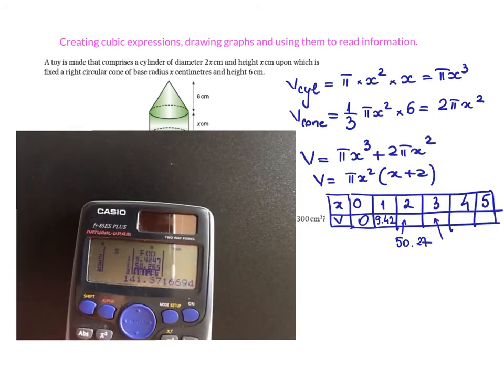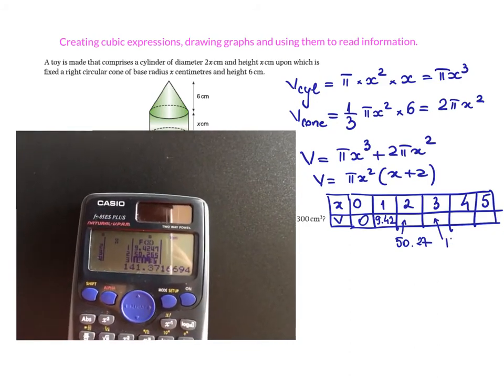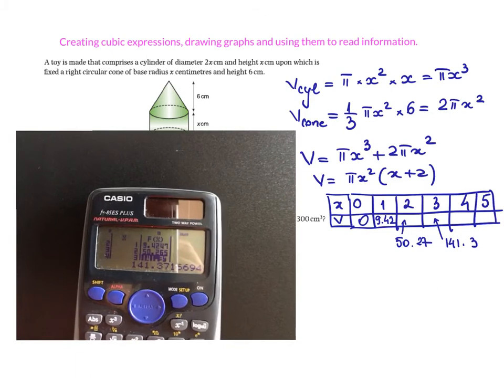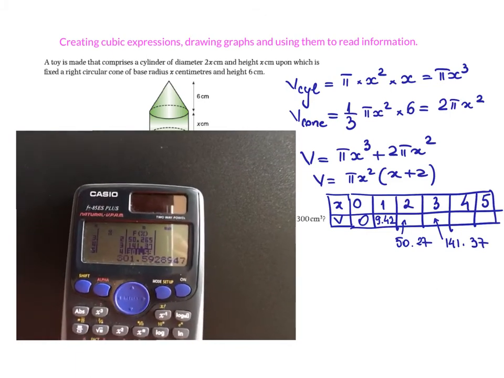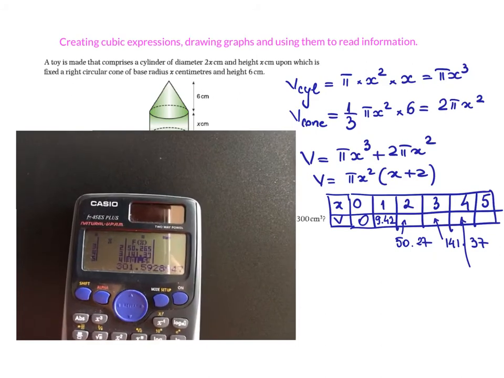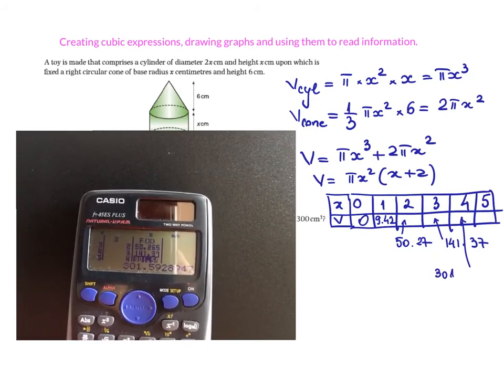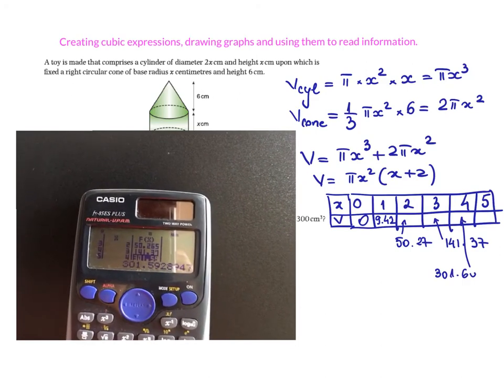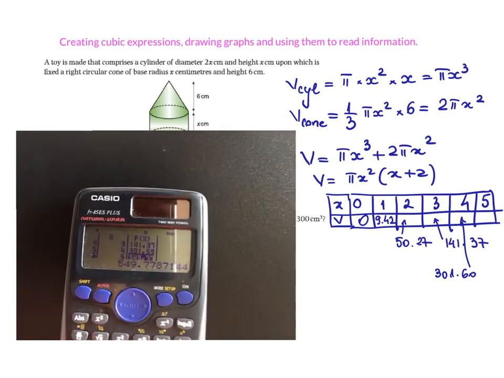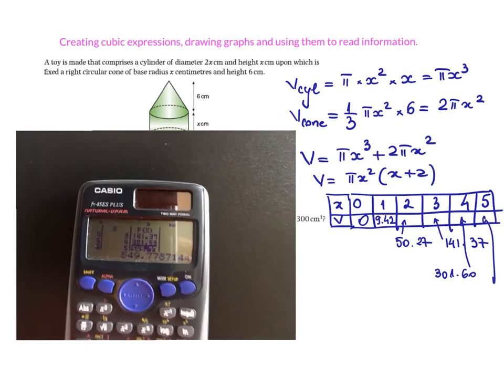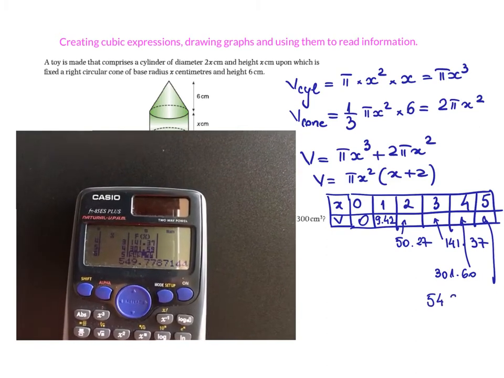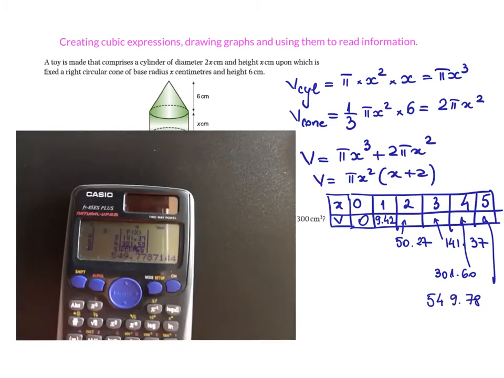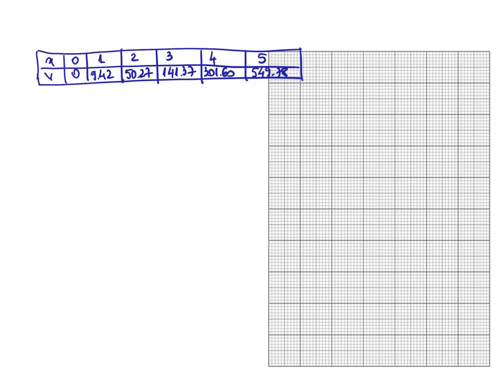For x equals 3, I get 241.37. So I need to be very careful on how I take the scale on the axis. And for x equals 5, it's going to be 549.78. I copy the values on the next page.